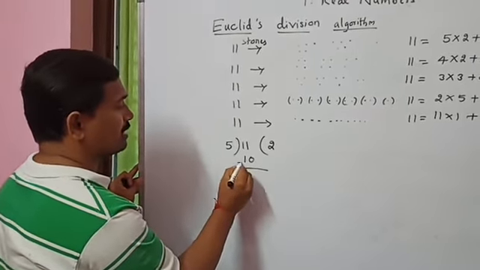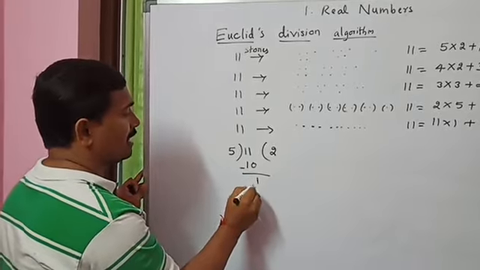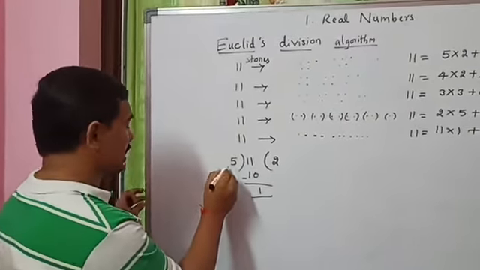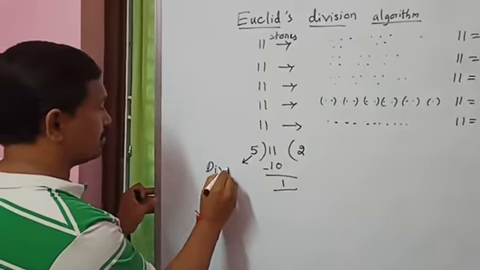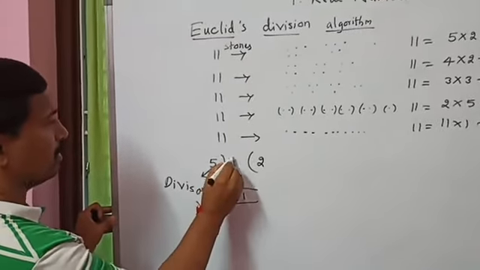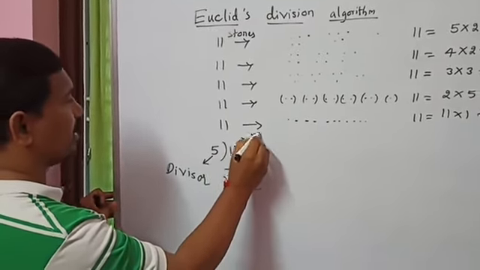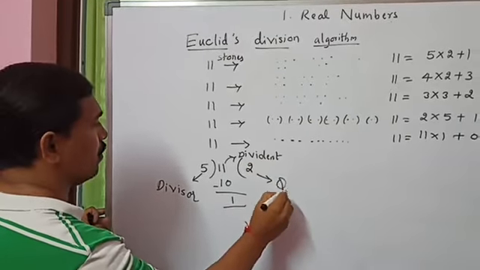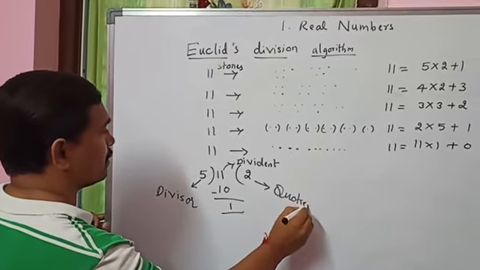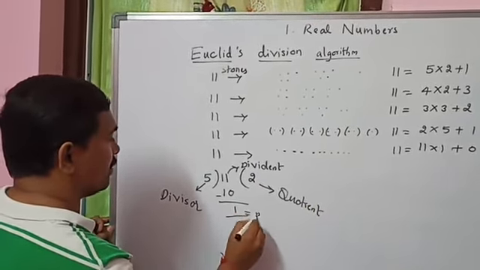What is the remainder? Subtract, 1 is the remainder. So this is the divisor, this is the dividend, this is the quotient, this is the remainder.